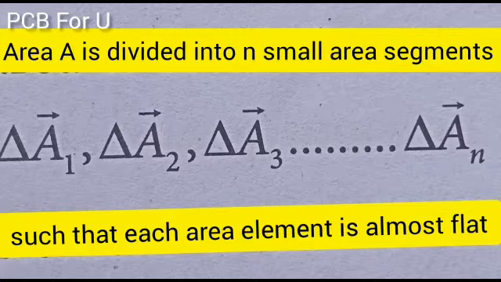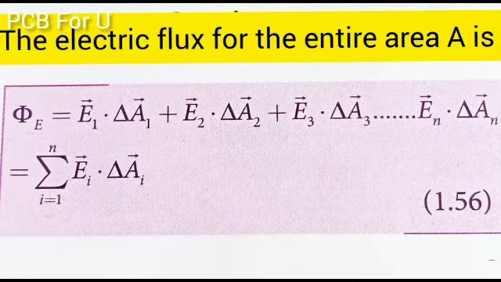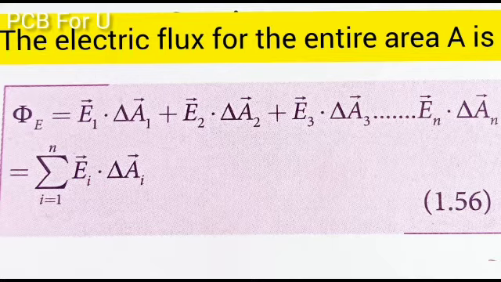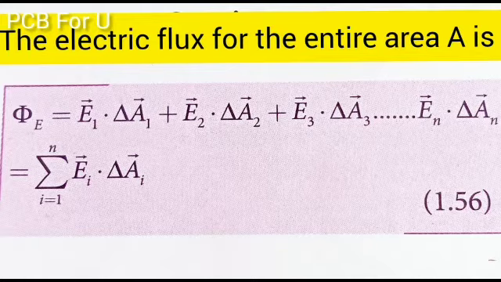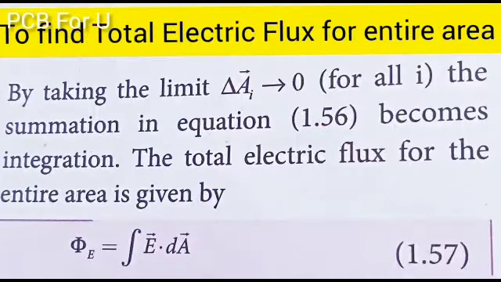Phi E is equal to E1 dot del A1 plus E2 dot del A2 plus E3 dot del A3 up to En dot del An, which is the sum over i from 1 to N of E vector i dot del A vector i.